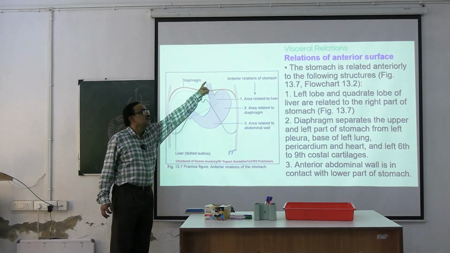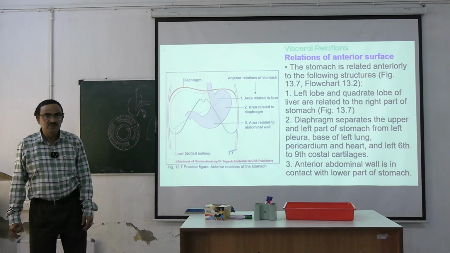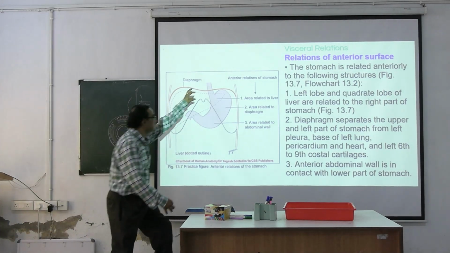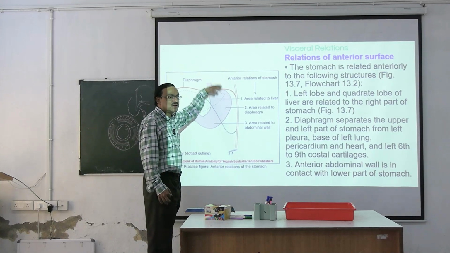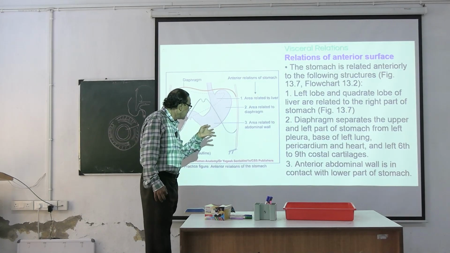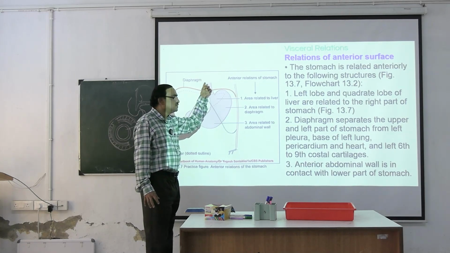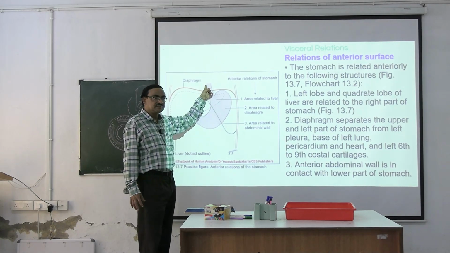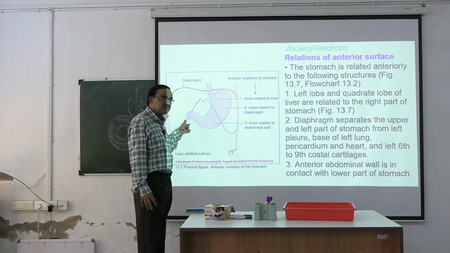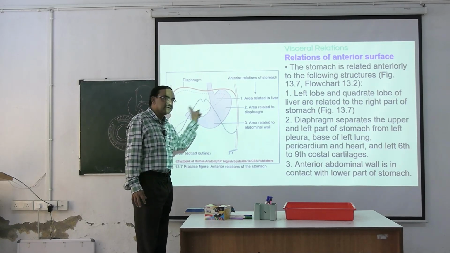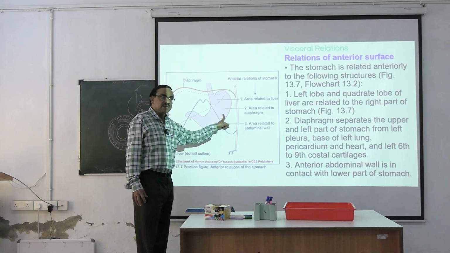Suppose there is an esophageal carcinoma. The food bolus will not enter inside. So here carcinoma is present. It can happen here in the esophageal end, it can happen in the pyloric region, it can happen within the body. Suppose there is a body region.